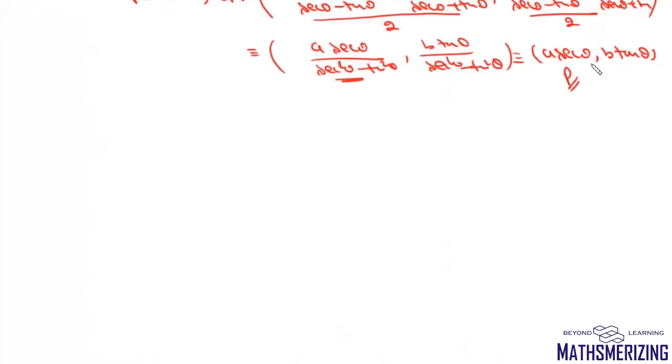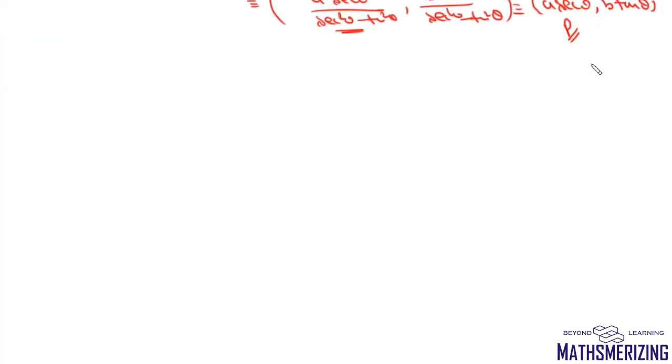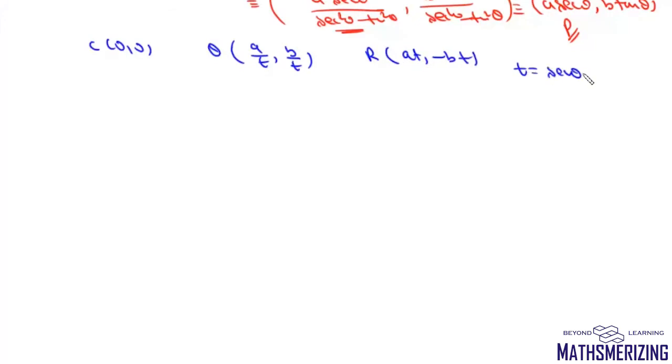We need to find the locus of the circumcenter of triangle CQR, where C is the origin, Q is a upon t, b upon t, and R is at, comma minus bt, where the value of t is secant theta minus tan theta.